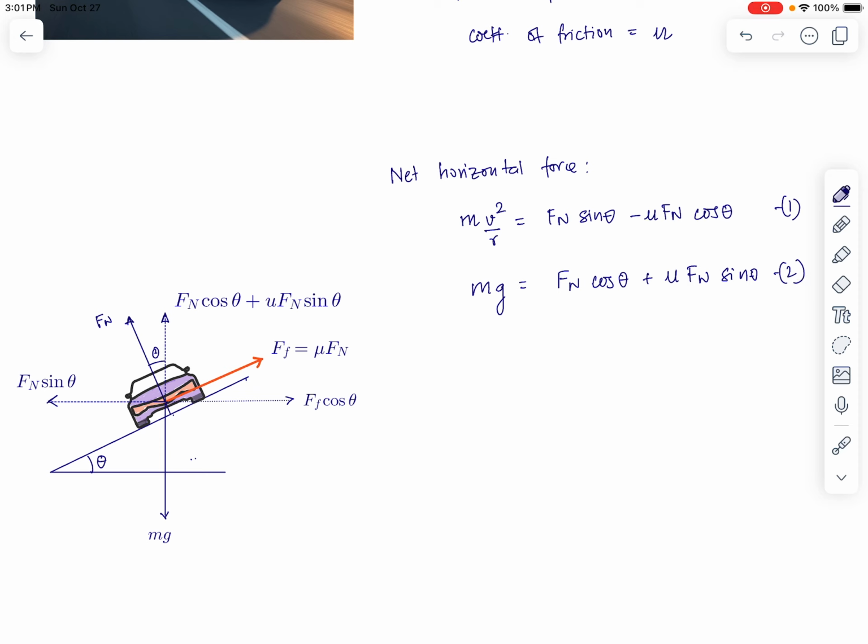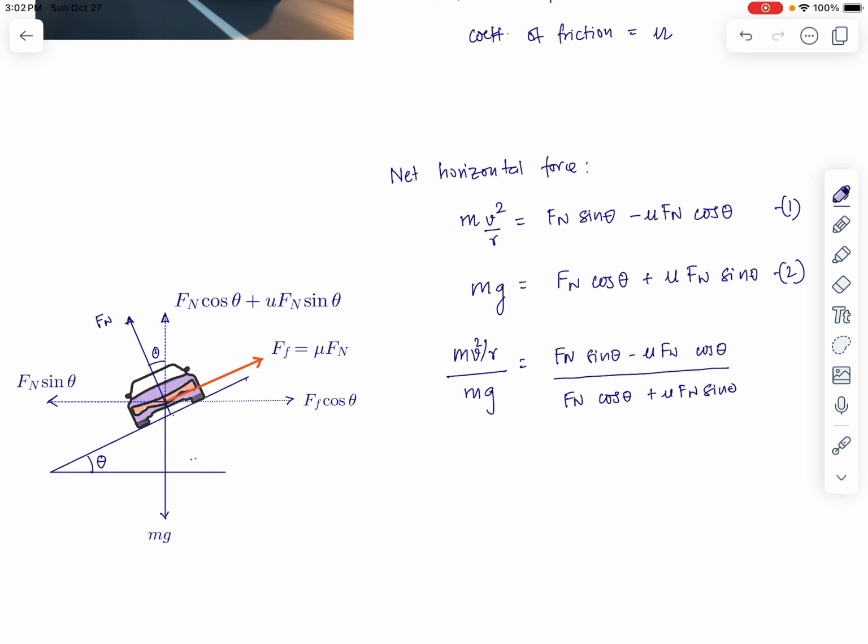So what we do here is we divide 1 by 2. So mv square divided by r, divided by mg, equals Fn sine theta minus mu Fn cosine theta, divided by Fn cosine theta plus mu Fn sine theta.